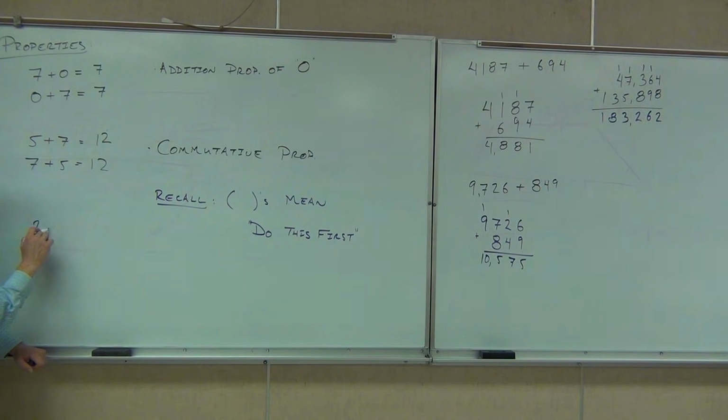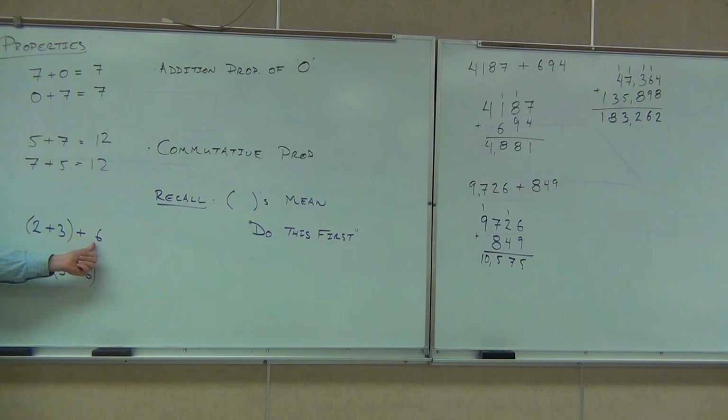If I add 2 plus 3 plus 6, and I group them differently, which means, what if I put parentheses here and parentheses here? Do you think I'm going to get the same answer or a different answer? What do you think? Same. If I do this part first and then add 6, or do this part first and then add 2, I'm going to end with what, no matter what?